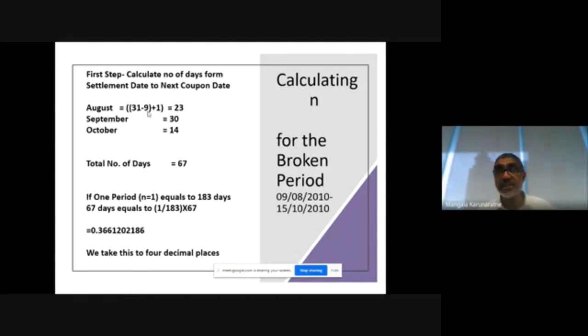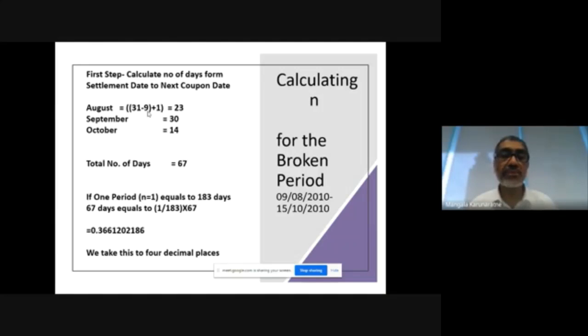In any investment, if you do it today, that day's interest is yours, and the number of days is calculated on the same basis. So 23 days for August, 30 days for September, and 14 for October. Altogether we have a total of 67 days, right?